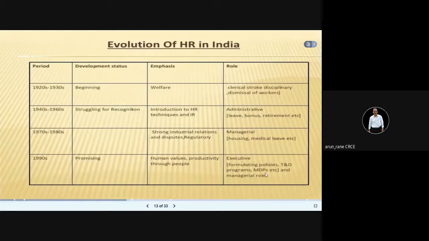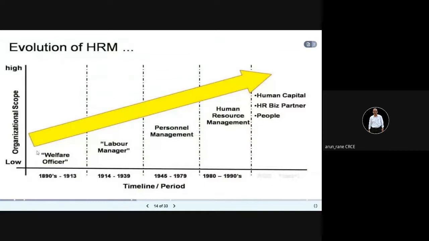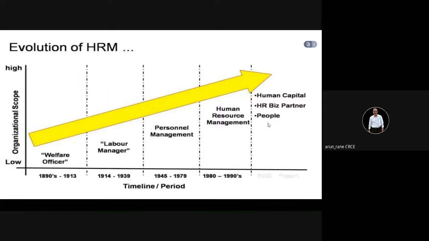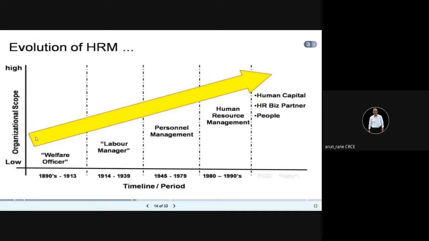1990s, executive formulating policies, training and development programs. So from welfare officer through labor manager, personal management, human resource management to this human capital. So this is how the evolution takes place.